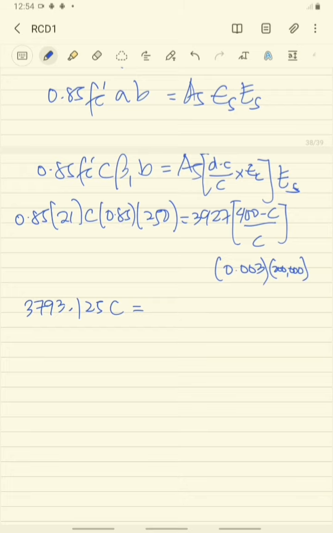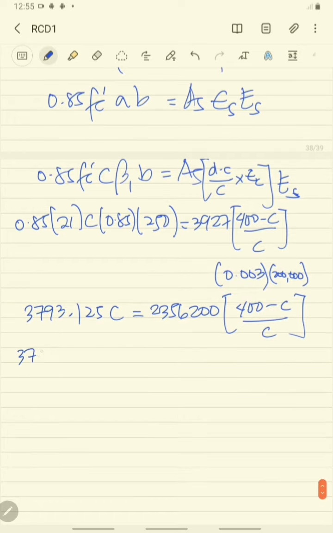So we can say 2356.2 times 400 minus c over c. So we now have this equation. Then again, we have to simplify this one. We can transpose the c to the left side.